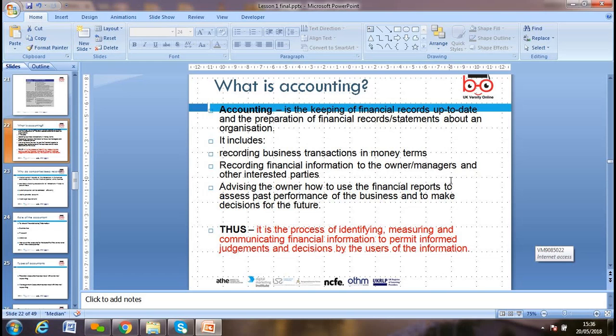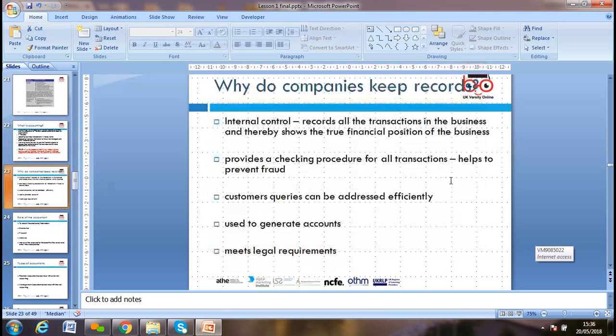So it is a process of identifying, measuring, and communicating financial information to permit informed judgment and decision. So this is all about accounting. If we are doing it, it means we are doing accounting.